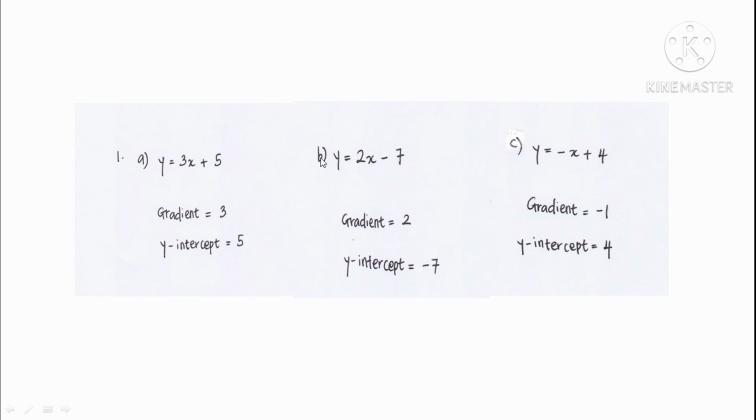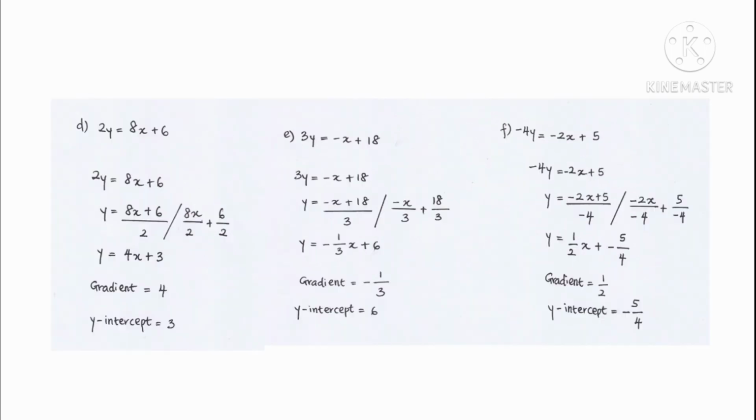So for B, it is given here y equal to 2x minus 7, where the gradient is 2 and the y-intercept is negative 7. And for C, the given equation is y equal to negative x plus 4, as the gradient is negative 1, and the y-intercept is 4.